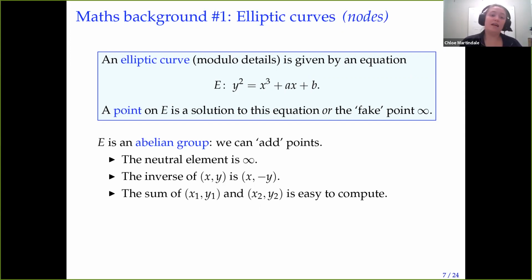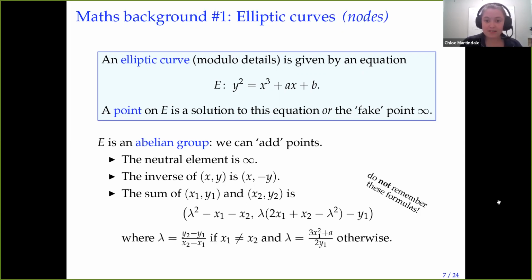The inverse of a point (x, y) is (x, minus y), and the sum of 2 points, the group law that we define to go between 2 points, is also easy to compute. I'm not going to go into how, but I am going to show you very quickly that there are formulas that I don't want you to remember, but they are just formulas that you can type into a computer and figure out. Are there any questions about this?